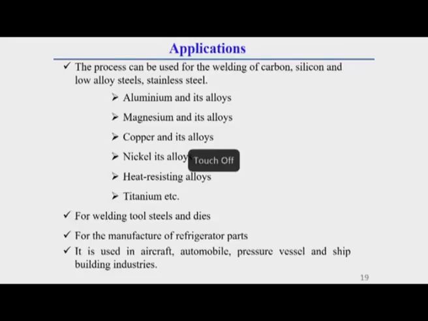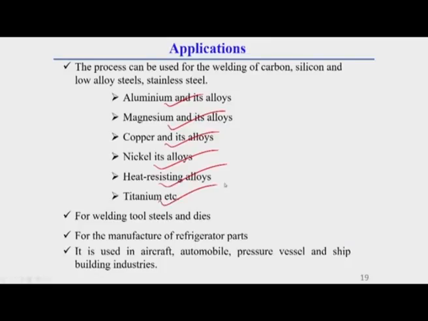Now, the last point is the application of this welding process. This process can be used for welding carbon, silicon and low alloy steel, and stainless steel. Apart from this, it can be used on aluminum and its alloys, magnesium and its alloys, copper and its alloys, nickel and its alloys, heat resistant alloys, and titanium.